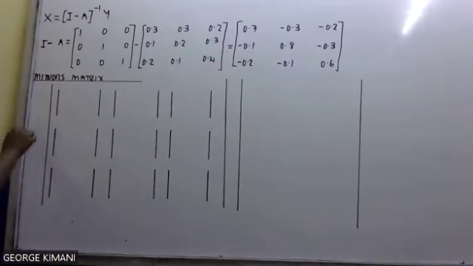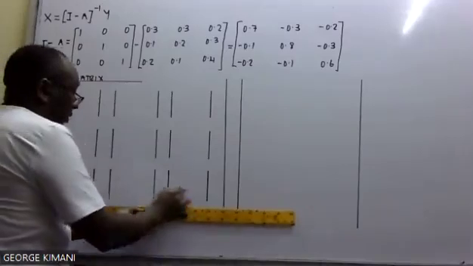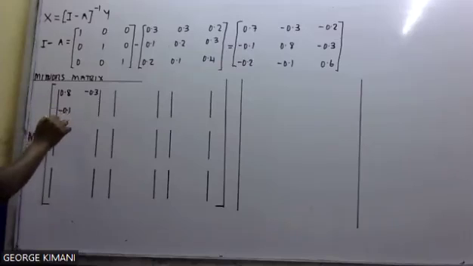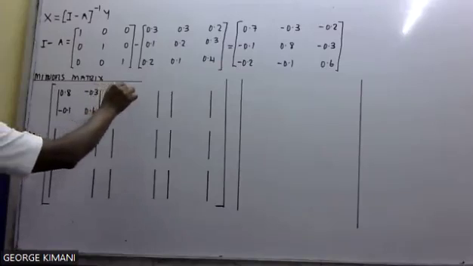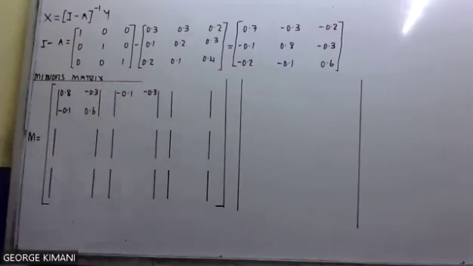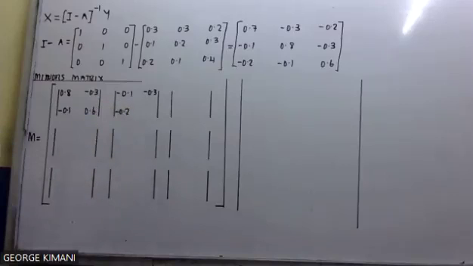Yes. The first one is 0.8, and then minus 0.3, 0.1, minus 0.6. Then the second one is negative 0.1 and negative 0.3, negative 0.2, negative 0.6.